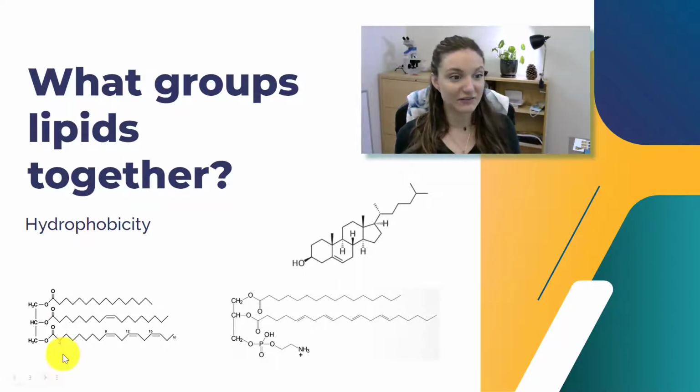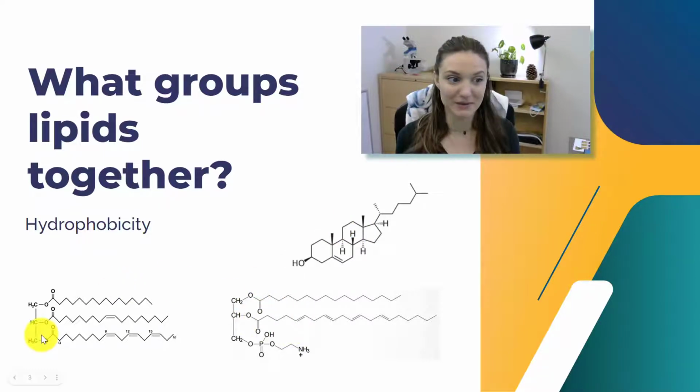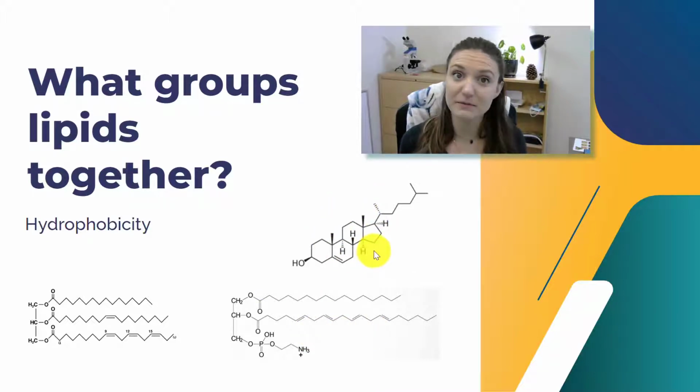And here's an overview of the different molecules that we're going to be looking at. This is a steroid, this is a phospholipid, this is a triglyceride, a fat. Remember, when we're looking at these organic molecules, these skeletal drawings are basically showing us carbon and hydrogen bonds. And if there's anything besides carbon and hydrogen, it's written out. So carbon, hydrogen, carbon, hydrogen. Most of the atoms in this molecule are carbon and hydrogen.